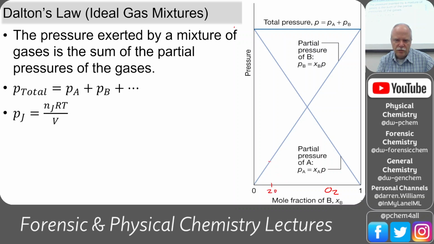So this would be the partial pressure of O2, and the 80% the partial pressure of N2, and the total pressure would be 1 atmosphere. So this would be 0.8 atmospheres, and this would be 0.2 atmospheres.